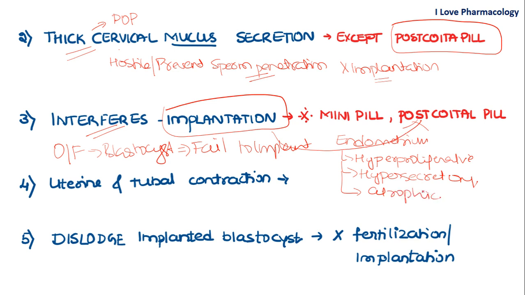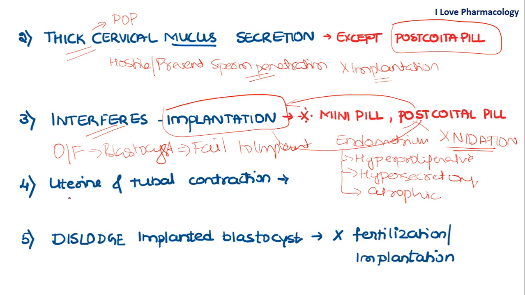In such cases, even though fertilization has occurred, it will not be suitable for nidation and implantation. So this is the major or primary mechanism of contraception with respect to the postcoital pill. Other drugs like the mini pill also exhibit this mechanism.